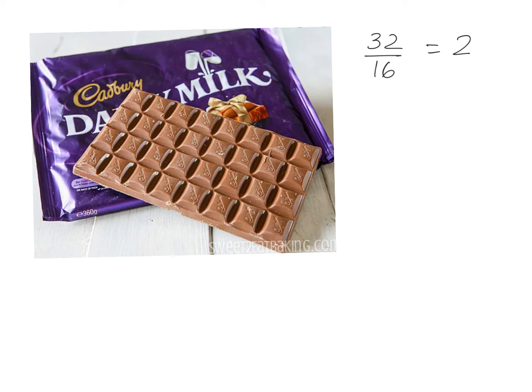So let's break it into 16 parts. So to do 16 parts, we need 2 per person. So basically you're cutting this way. Then you're cutting this way.